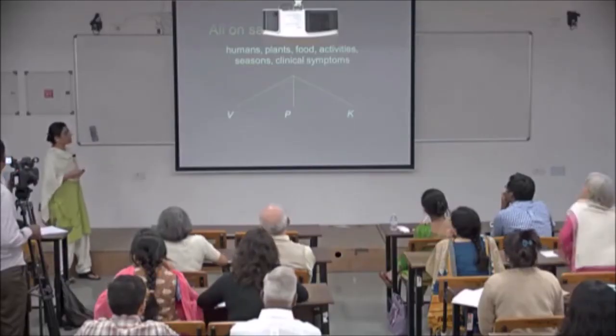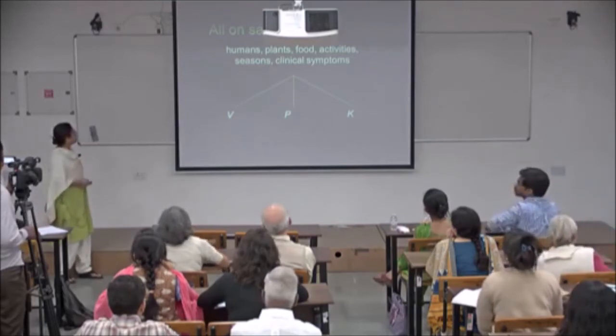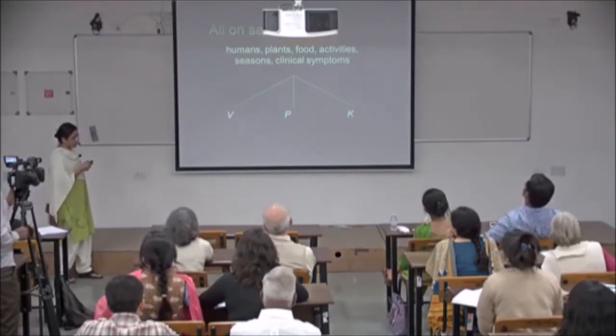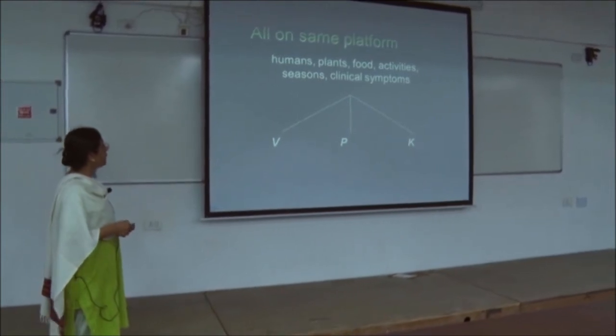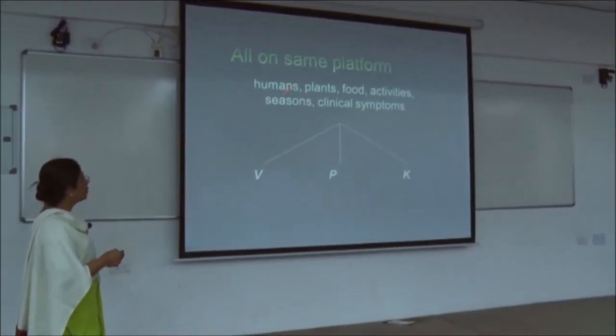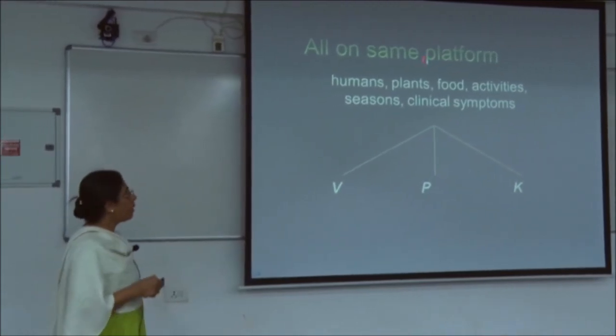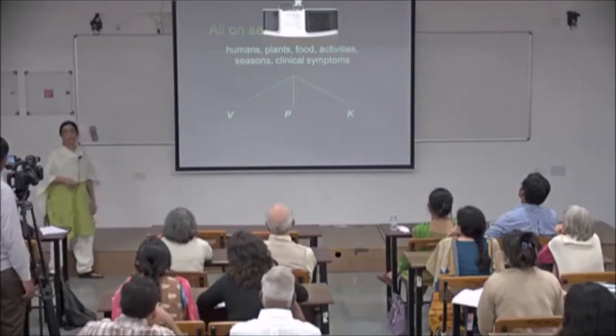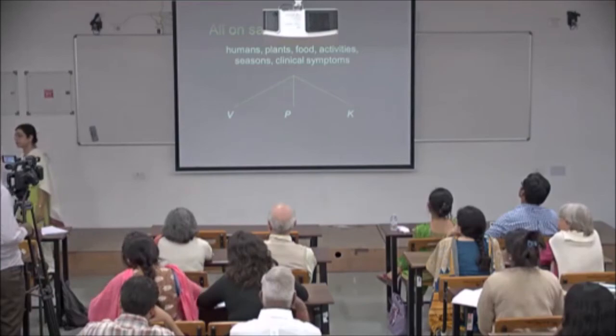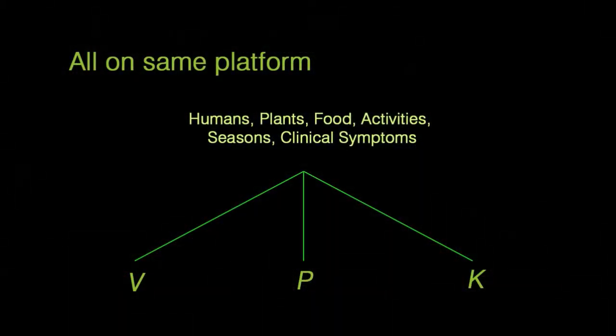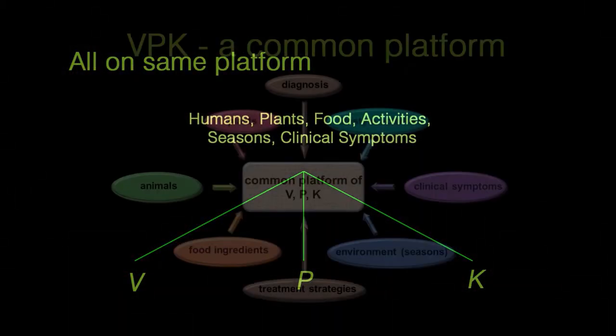I will not go into the details of this in today's lecture, but will give you an idea of how it has been done. Because the human system has been understood in terms of Vata, Pitta, Kapha, all factors which play a role in health, disease and treatment are brought onto the same platform of Vata, Pitta, Kapha.